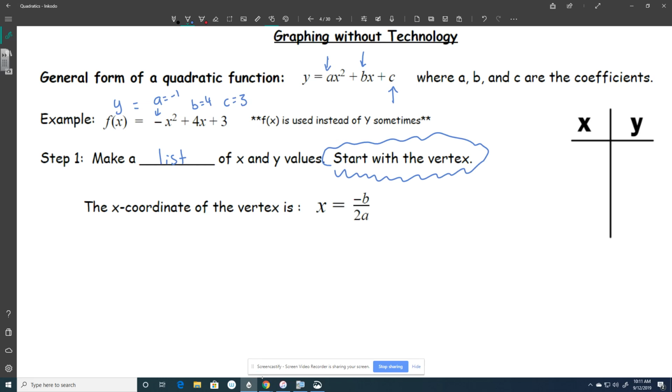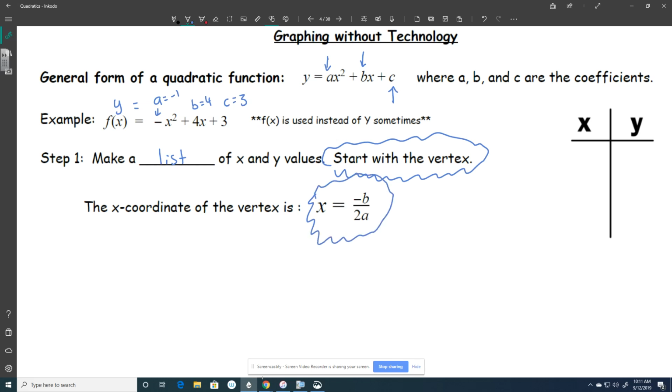And in order to find the vertex, we don't know what it looks like. We don't have the picture. So in order to find the vertex, first things first, if you have a calculator, plug it in, find the vertex that way. But we can also find it without a calculator. And the way that we do that is first we find the x value that we need. And the x value of the vertex uses this formula.